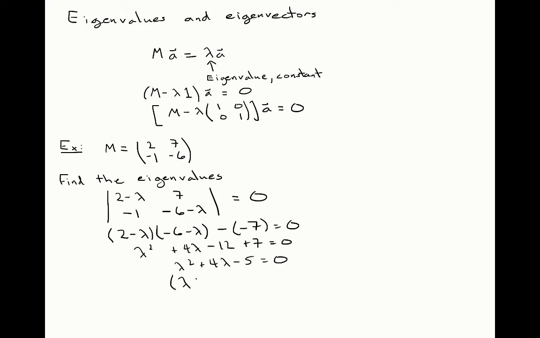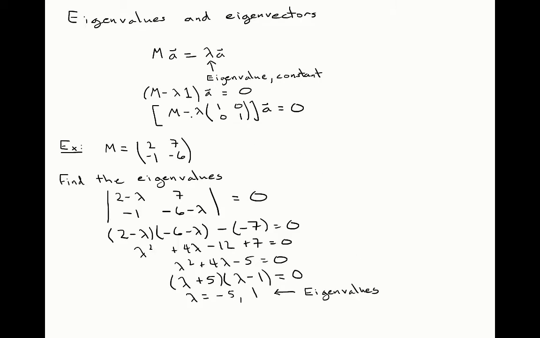And it's nice when it works out that you can factor these, but if you have trouble factoring these, or if you just get a question where the factoring doesn't work, you can always use the quadratic equation instead. So we get lambda can be minus 5 or 1, and these are your eigenvalues.